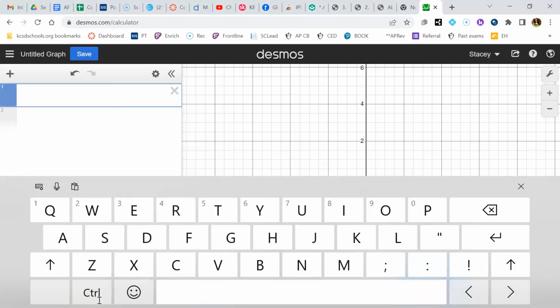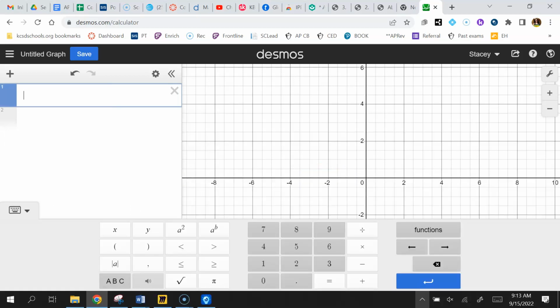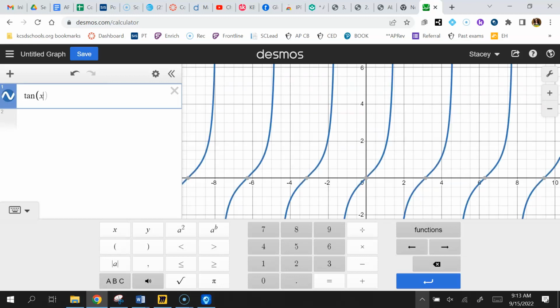Anybody? Horizontal tangent means max or min, right? Because that's where the slope changes. It goes from positive to negative, negative to positive.